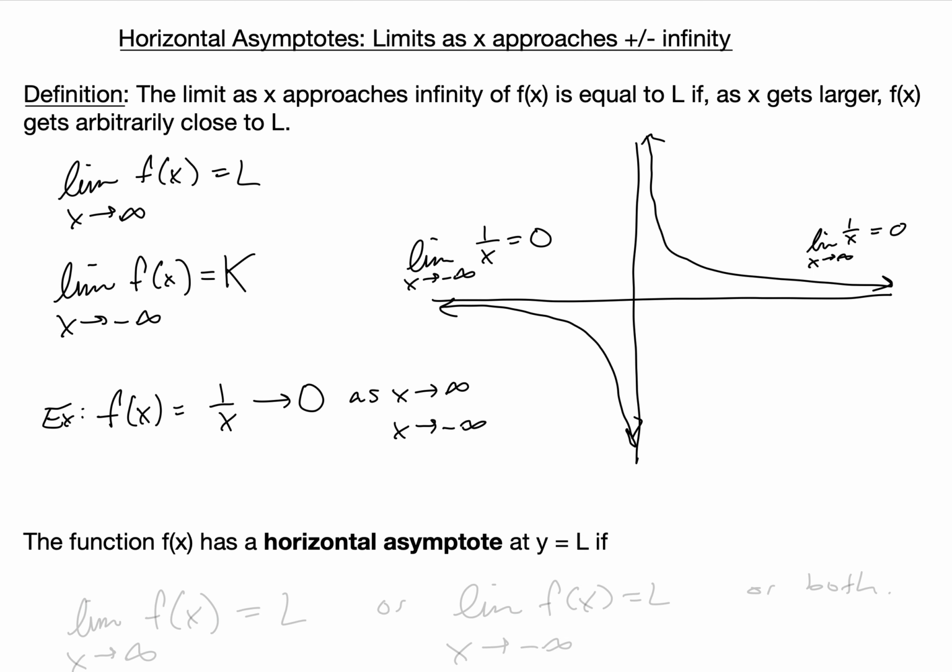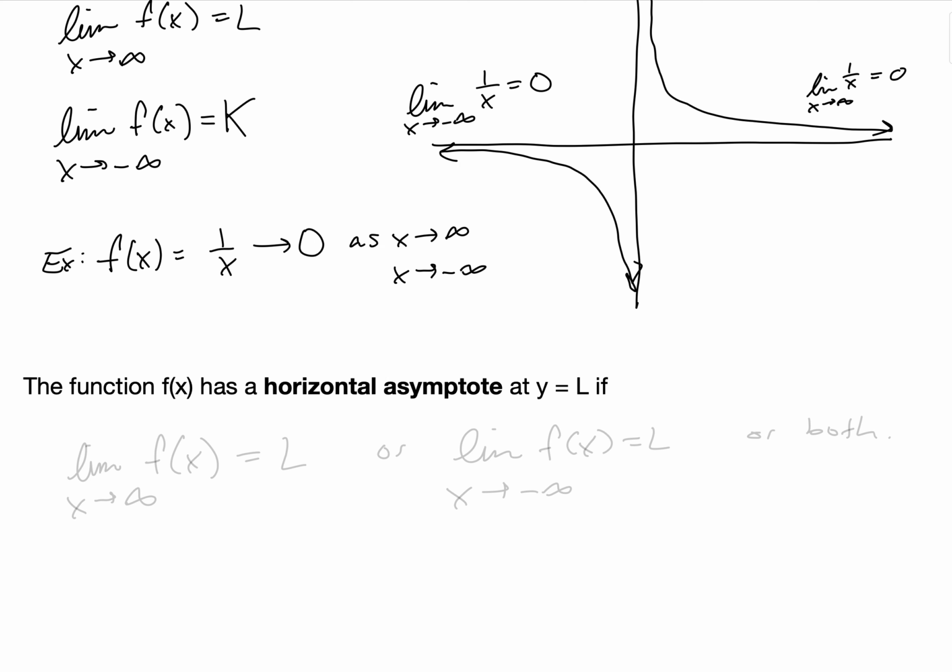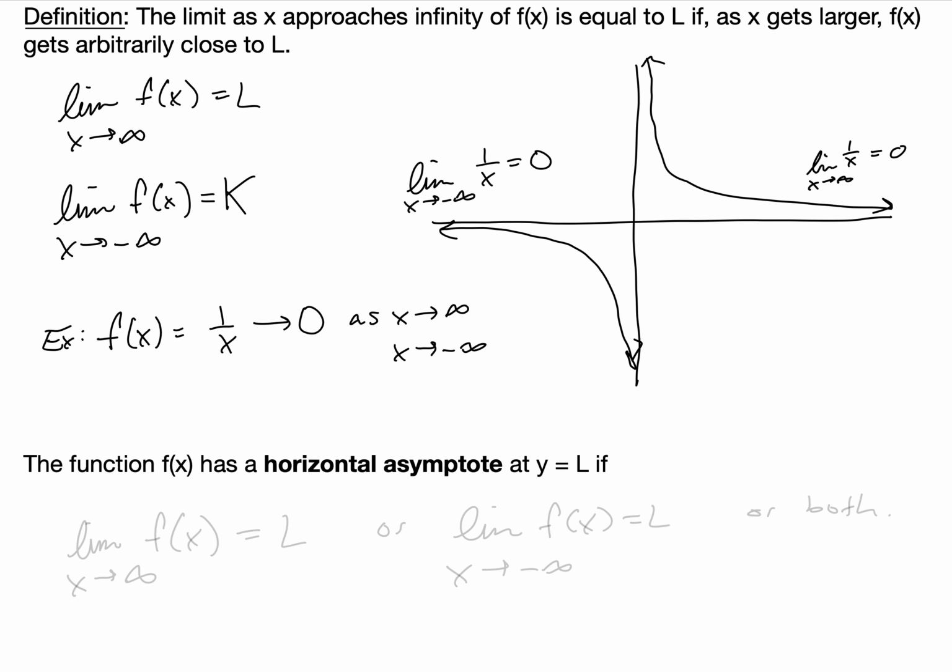The end behavior of the function in both directions, the output of the function is going towards 0. In a situation like that, where the limit of the function as x goes to positive or negative infinity is a constant number, we say that the function f of x has a horizontal asymptote.